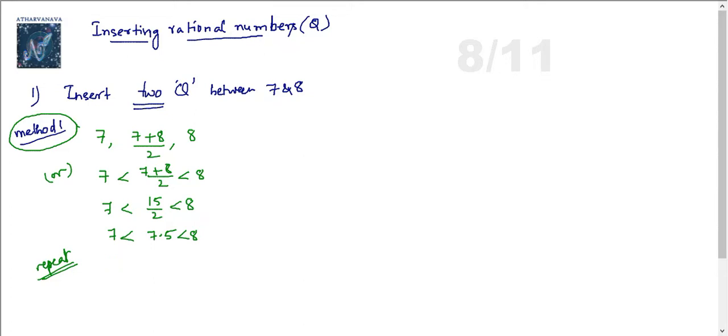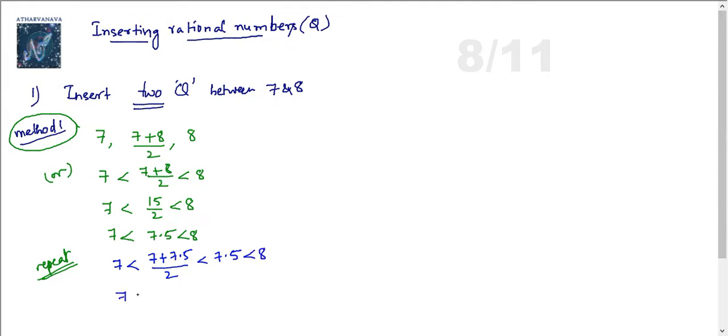Let me change the color so that you can understand. I'm just using 7 less than 7 plus 7.5 divided by 2 less than, don't write 8, you have to write 7.5, 7.5 less than 8.